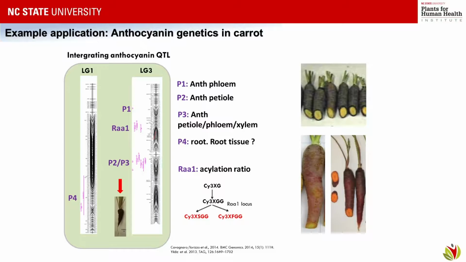There have been 4 different regions that were associated with the anthocyanin accumulation in carrot. And this RAA region is mapped to a coordinate and somehow balances the production of different types of acylation, the acylated and non-acylated forms of the anthocyanin.